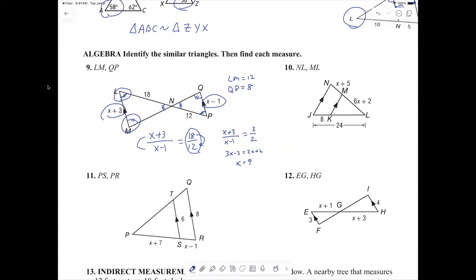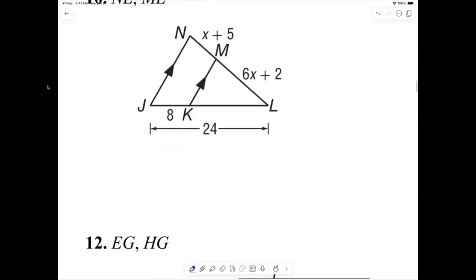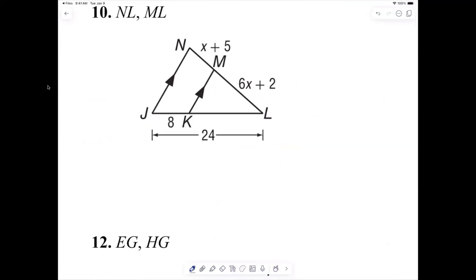Okay, now you'll understand what I'm saying for question number 10. All right, are those parallel? Yeah, so are the triangles similar? All right, now please, you got to watch up here because this is the one that everyone makes a mistake on. All right. So ML corresponds to what? ML. Man, oh wow, I didn't do a very good job.